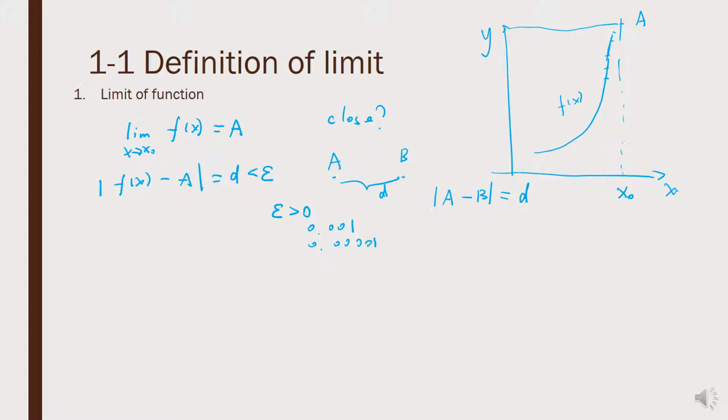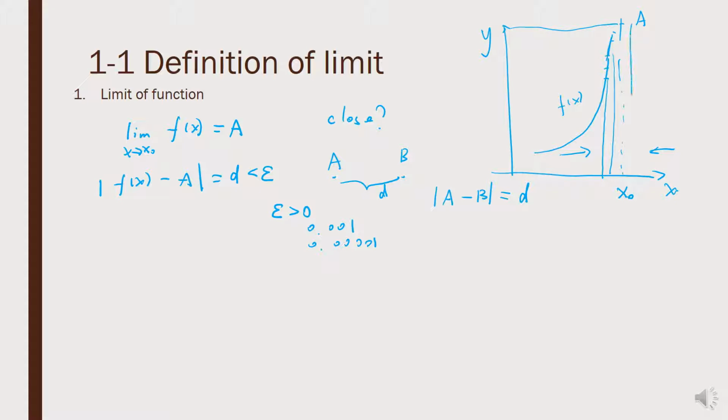Okay, so let's see. Now we can say that, right? This is talking about the distance between f(x) and a, which is about things on the y-axis. But what about the projection of them onto the x-axis? So it means that we have this, right? This is approaching from the left side. You can also do the similar thing from the right side approaching.